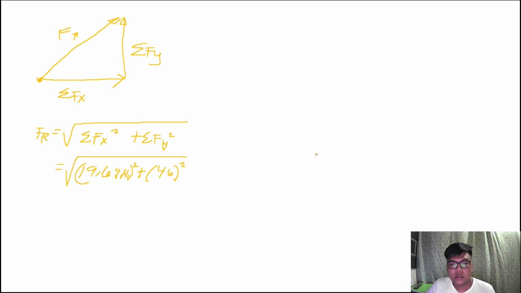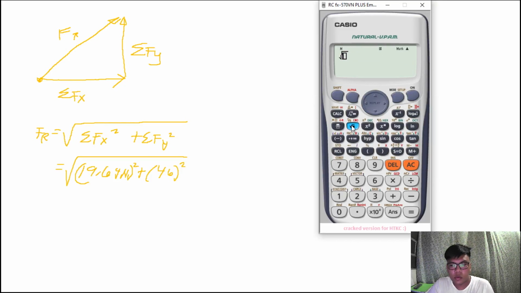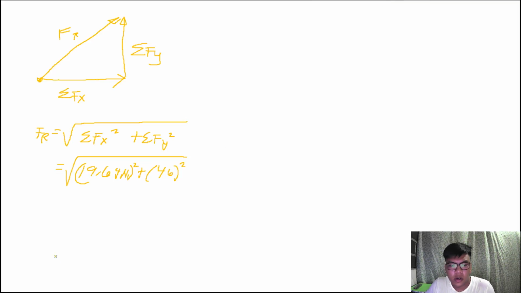Okay, so pindutin lang natin sa calculator. So we have square root of 19.64 squared plus 46 squared. So we have 50.02 Newton.